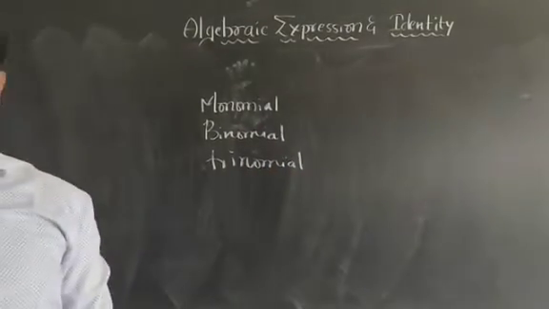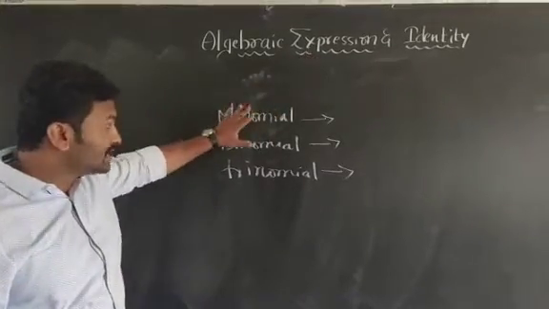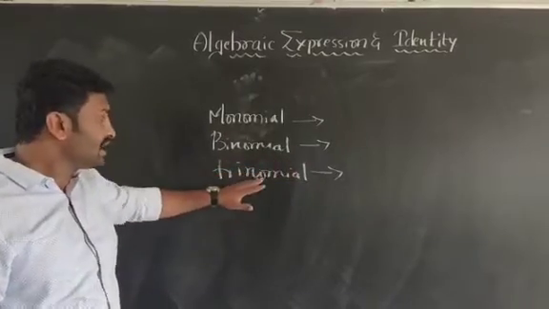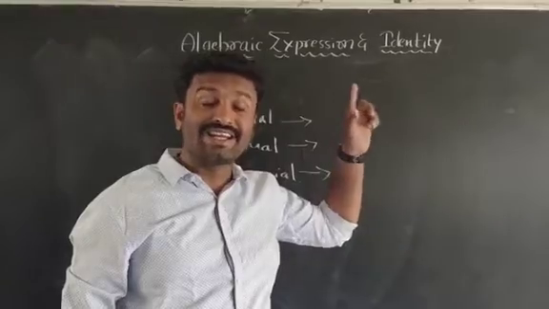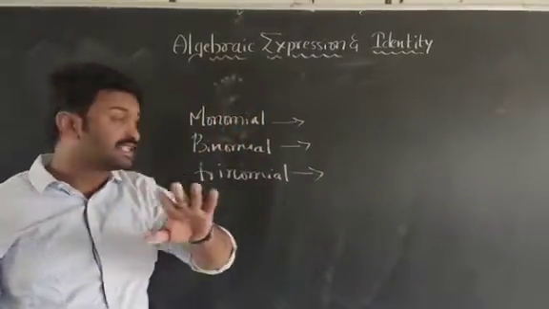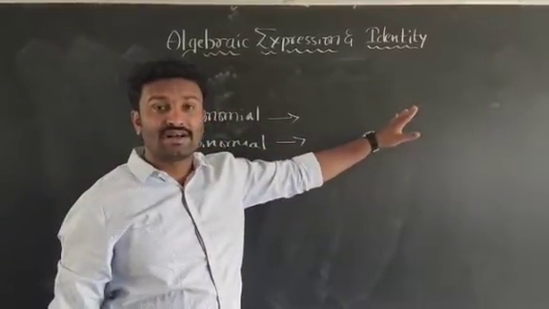They divide the expressions into three. They are called monomials, binomials and trinomials. What are monomials? This one you studied in last 7th standard. An expression containing only one term is called a monomial.